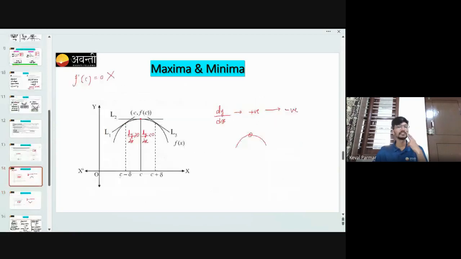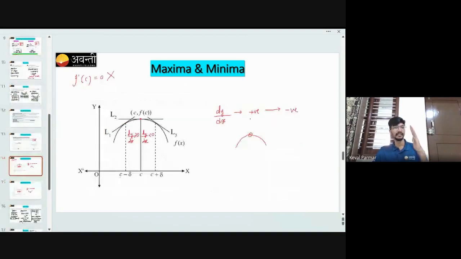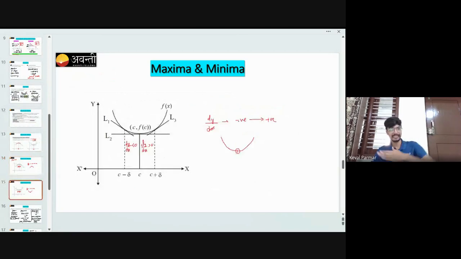What is the first derivative test? For maxima, dy by dx changes from positive to negative. So we'll get maxima. And for minima, dy by dx changes from negative to positive. Then we'll get minima.